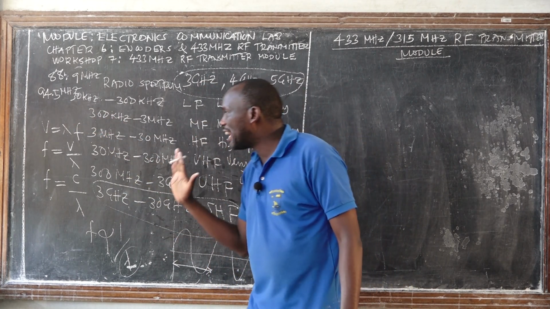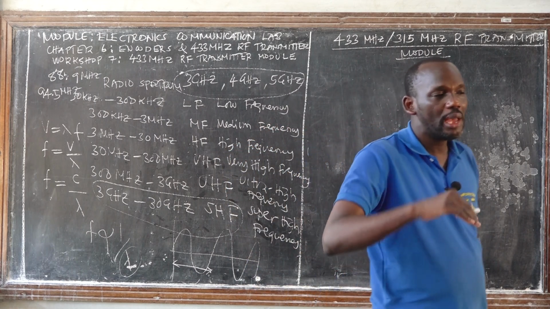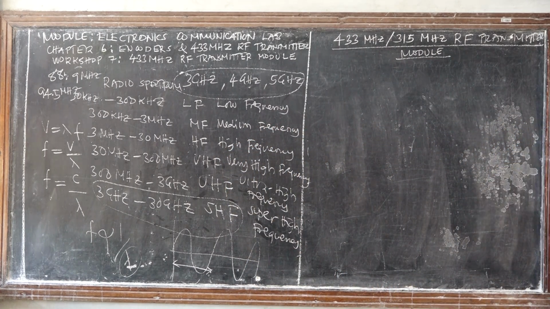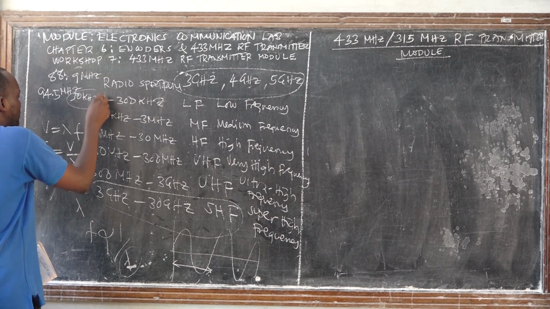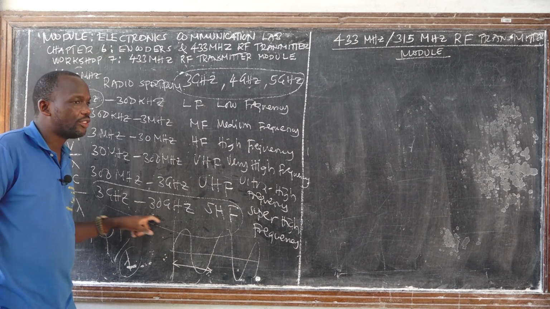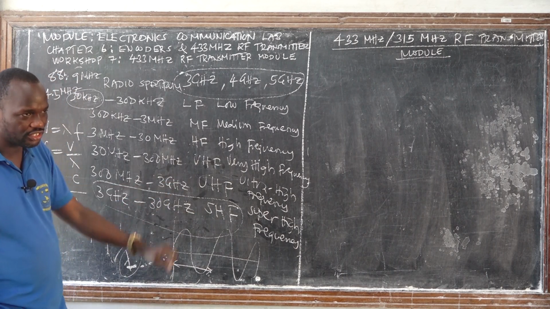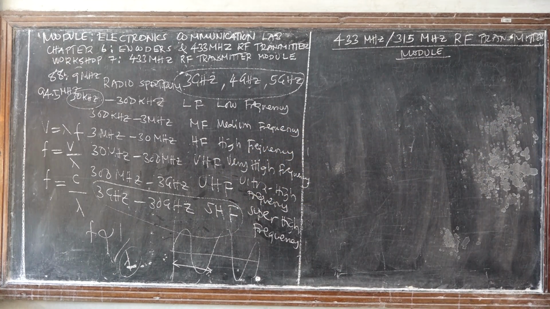When you just consider frequency and wavelength, ignore other factors, because power is important, the gain of the antenna is important, and there are noises within the space. So let us forget about those other factors. You have a transmitter using a carrier signal of 30 kilohertz, and another transmitter using a carrier signal of 30 gigahertz. Which one will transmit the information over the long distance? Which one?